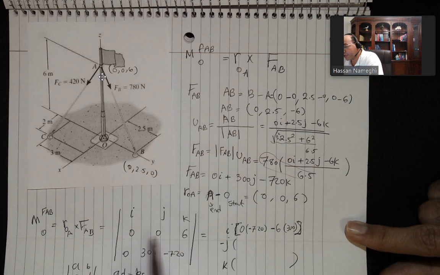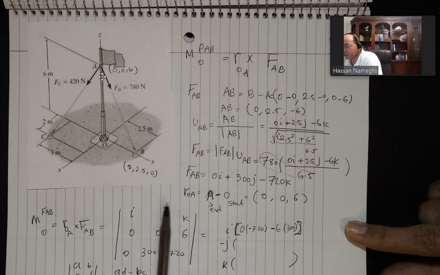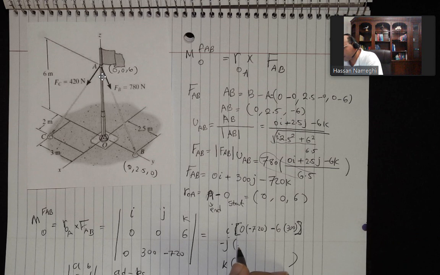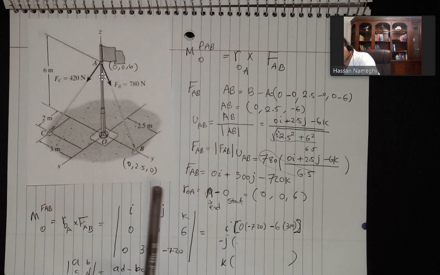I'm going to go to the J. If I cover the J, I'm going to get 0 this, 0 that. So actually 0 times everything will be 0. But again, I'm just showing you what's happening. So I'm going to cover the J. I'm going to get 0 times minus 720.